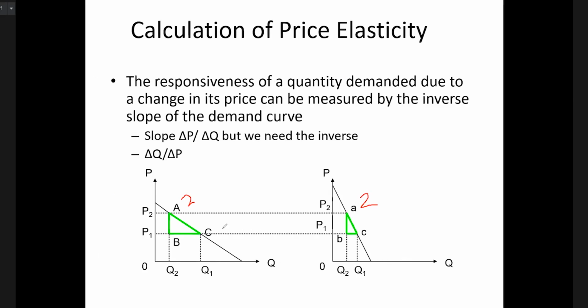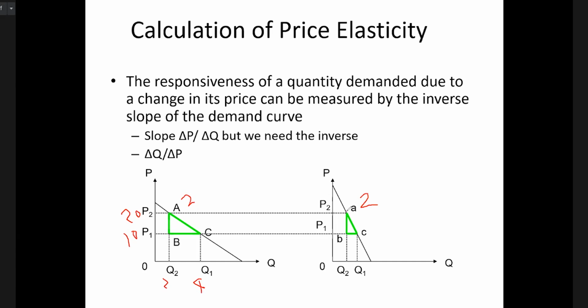Still not. It is because if we keep the same example, where we have price 20 here, 10 here, and we had 2 here and 4 here, price elasticity of demand was 2.